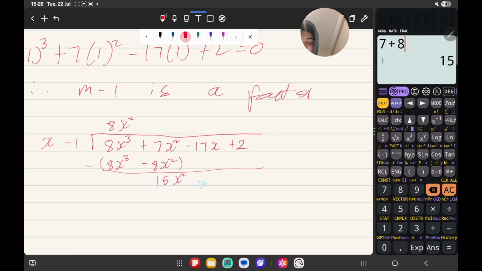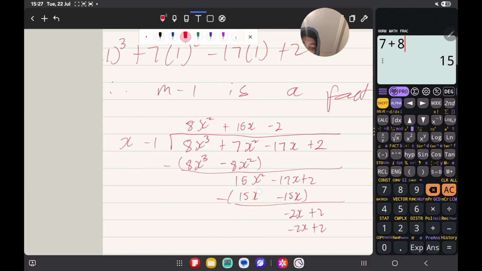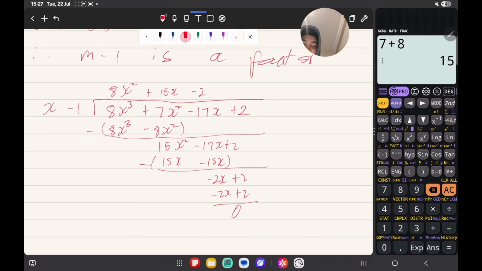Bring down the rest. You get plus 15x. So 15x minus 15x is 0, and then here it's gonna be minus 2x plus 2, right? And then we do our thing. We have minus 2, you multiply, minus 2x, then minus with minus, that's positive, and then 0.